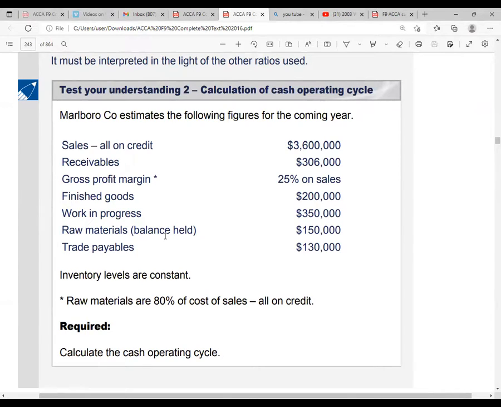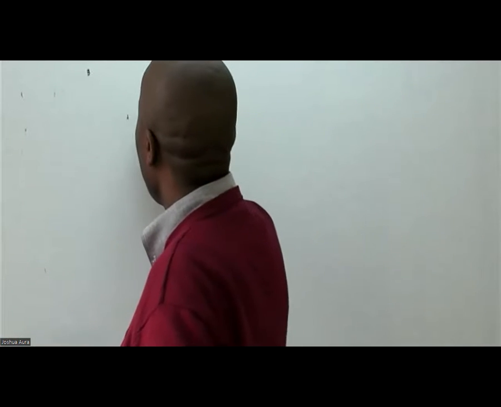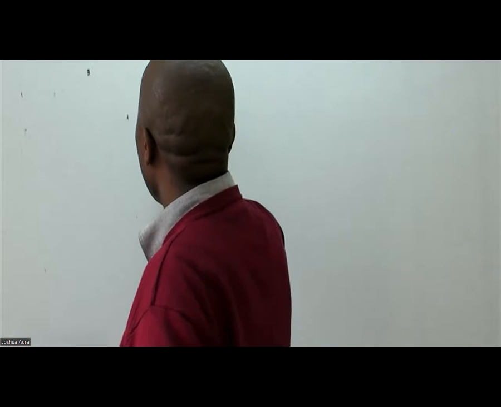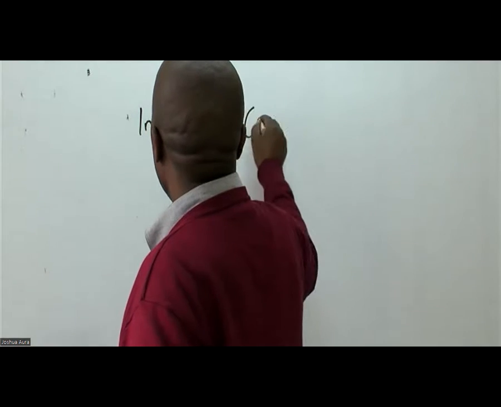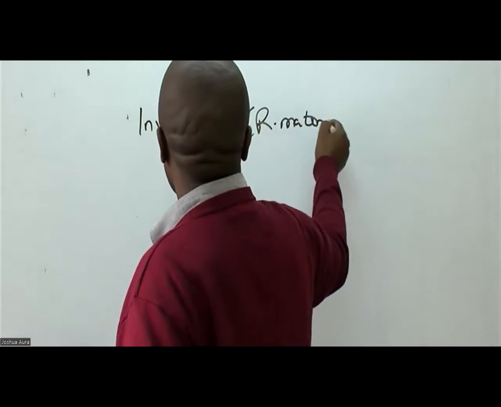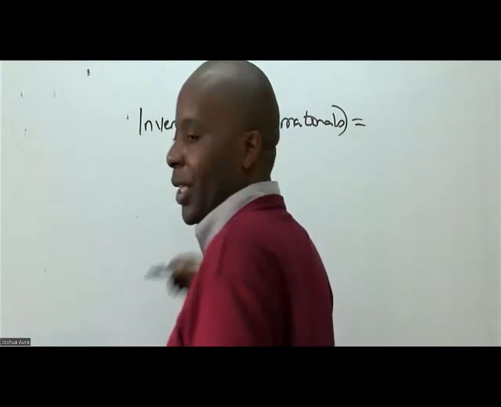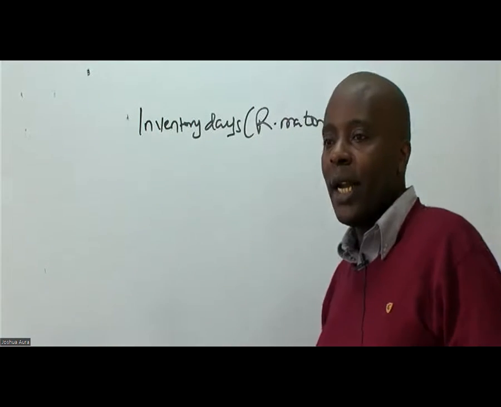Try giving me these inventory days. So inventory, we've got 3 of them. Now I would want to start with inventory days for raw materials. Is there somebody who has got an answer there?